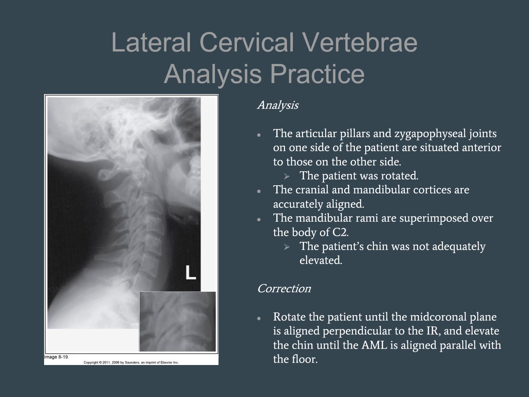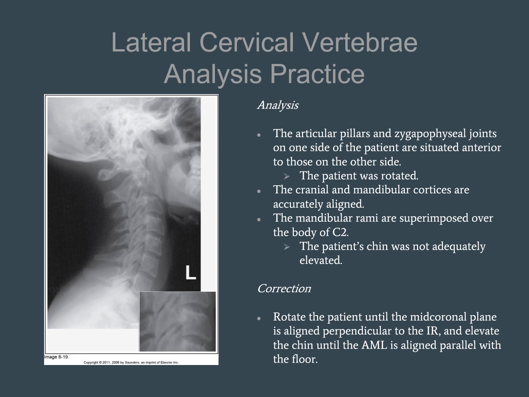When evaluating this second practice analysis of the lateral cervical vertebra, you can see once again there's some degree of rotation because of the articular pillars and zygapophyseal joints not being superimposed, so that should tell you there's some rotation. And also, the mandibular rami here are superimposing over the cervical body of C2.